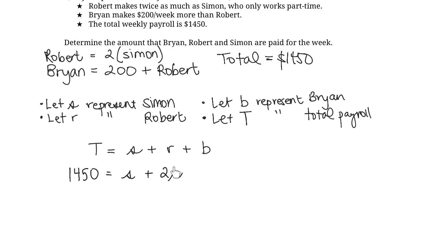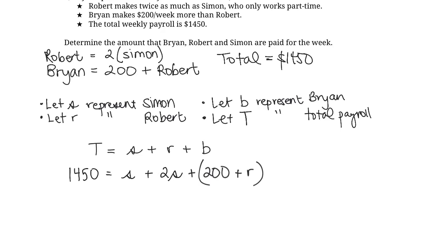So we are using the letter S for Simon, so we can write 2S. Now in terms of Brian, we know that Brian gets 200 plus whatever Robert gets. So he gets 200 more on top of whatever Robert already makes.